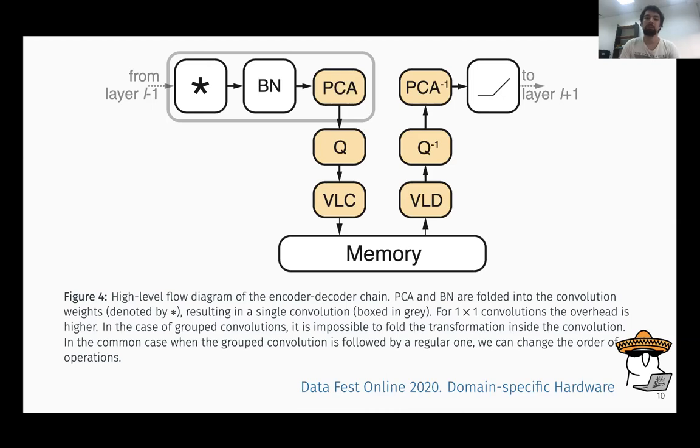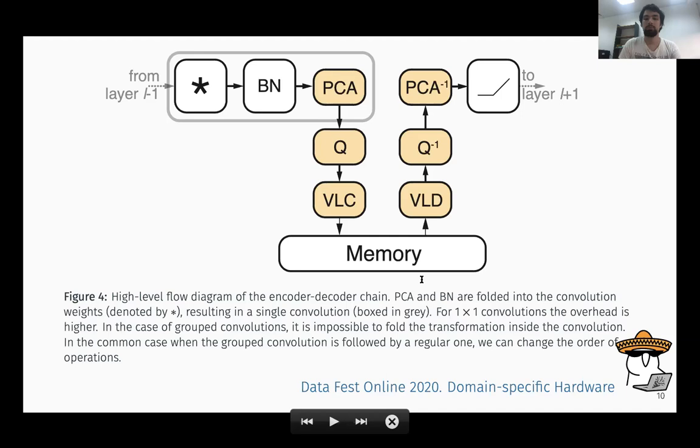So we take one pixel, take all the values of this pixel on different channels, and we apply PCA on these values. Then we quantize the output and perform variable length coding, in this case Huffman. We used Huffman coding, and only then the data are written to the memory.